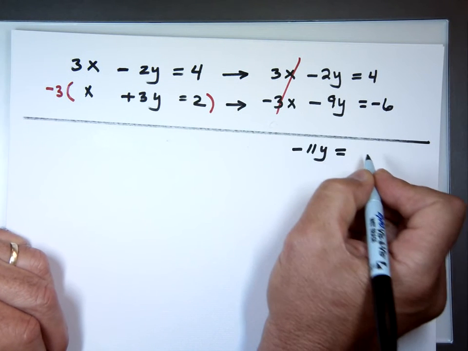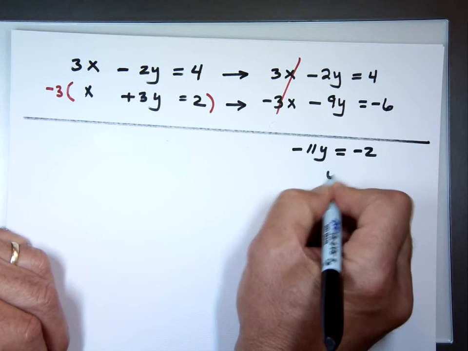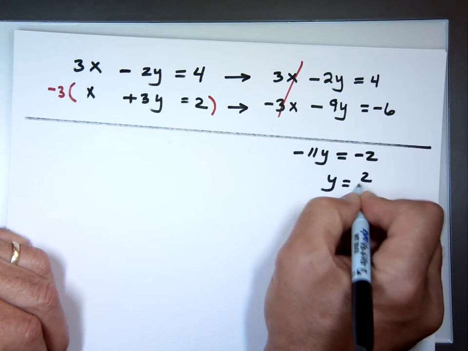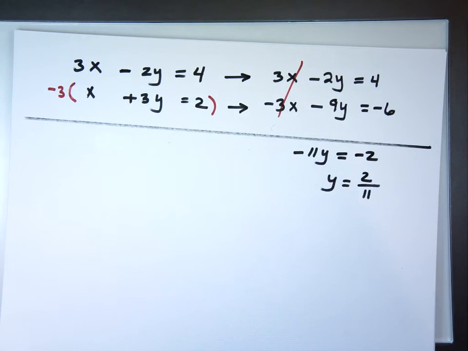Negative 2, what is y equal to? 2 over 11. We did that one too early. Remember that one? Where was it? I know we did that one. Y equals 2 over 11.